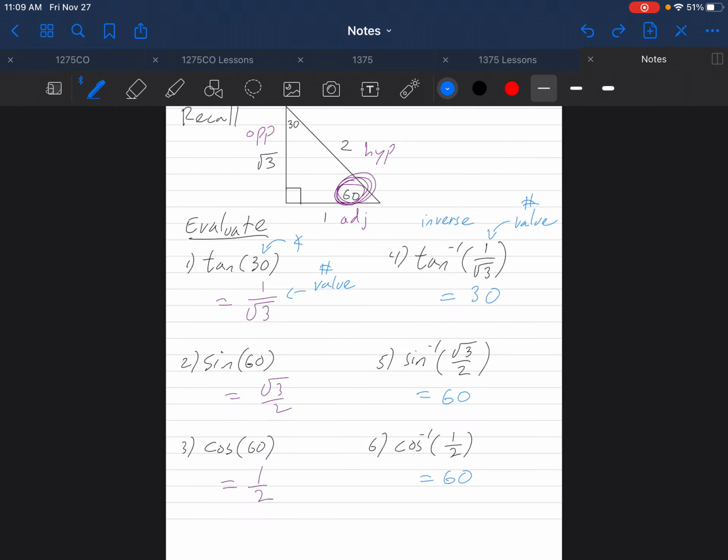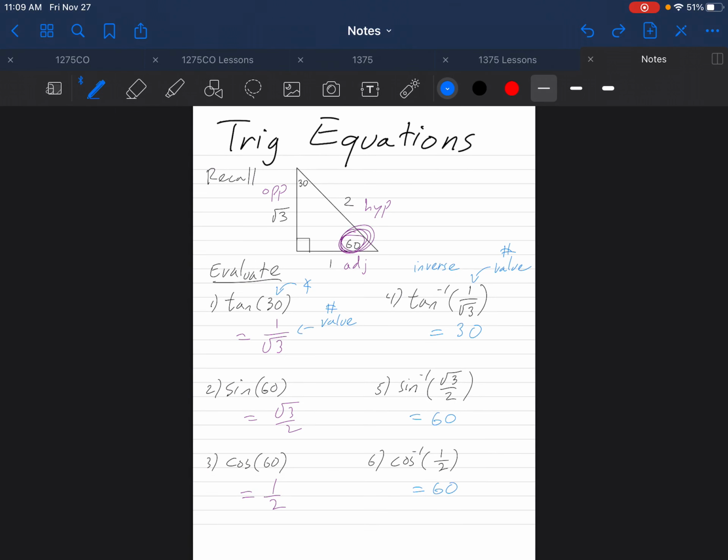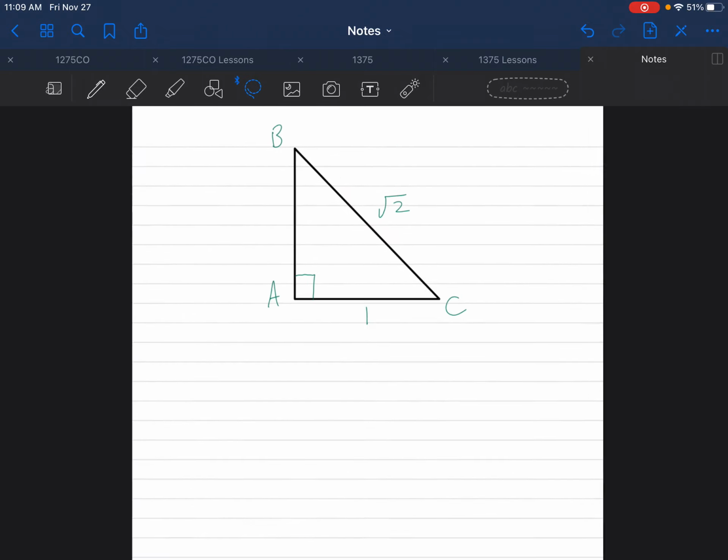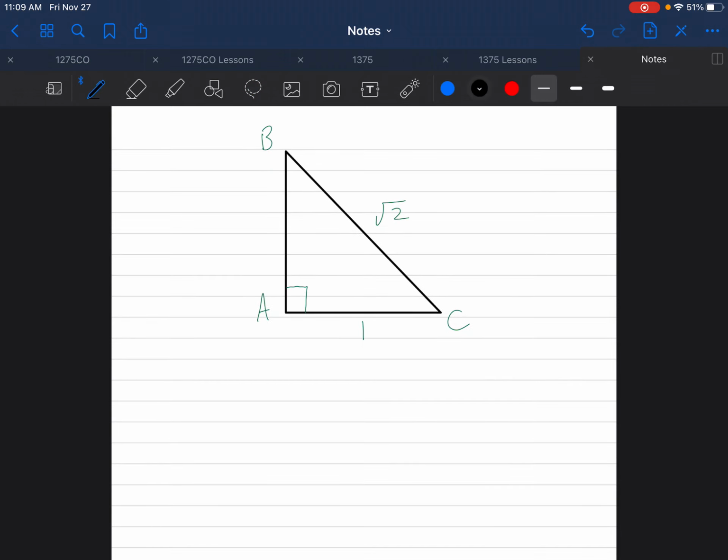Now, we have used inverse trig functions before, and we have used them in the context of a right triangle such as this. If we wanted to find the measure of angle B, we can focus up here and then recognize that 1 is the opposite side and radical 2 is the hypotenuse, which will tell us that we can use the inverse sine function.